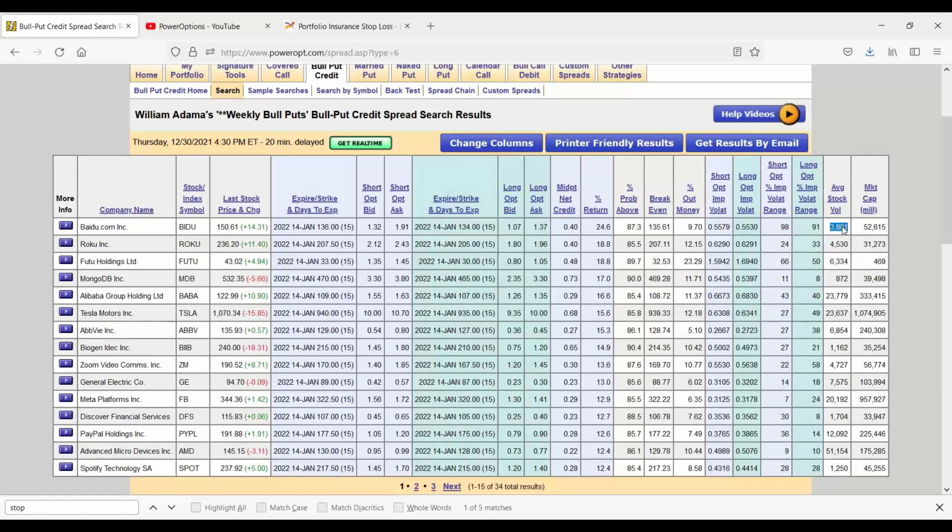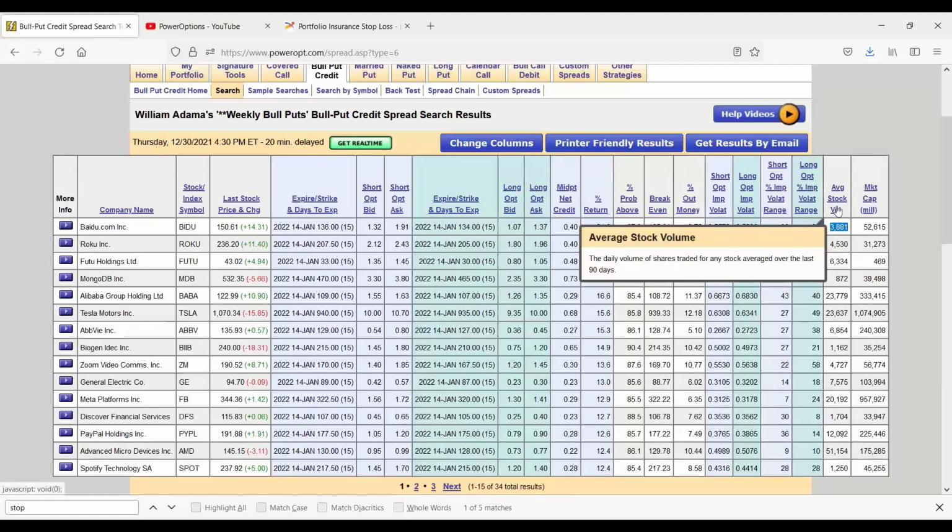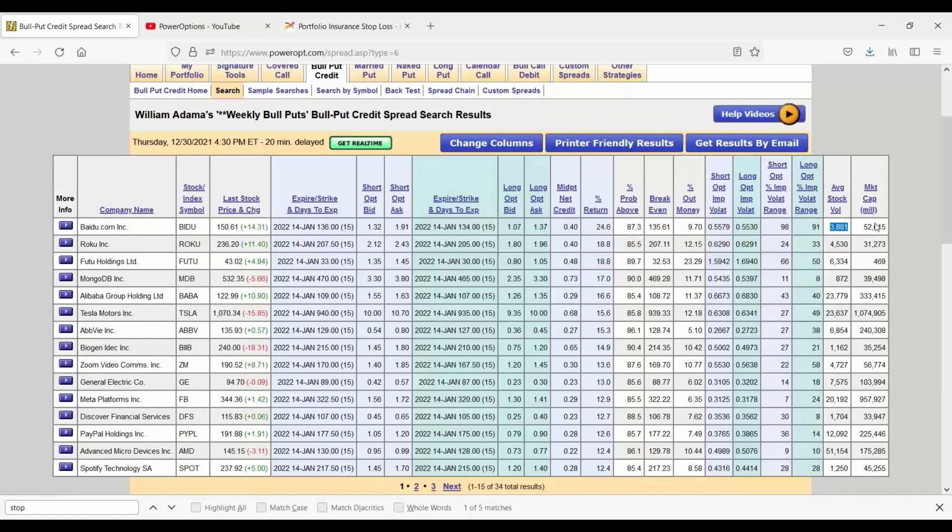You can see the average stock volume measured in millions and in thousands, and the market cap, which is measured in millions as well. So that's all there for you. If there are 5 or 6 important factors that you like to see right away that you don't see on a chart, and it's on the research page, it's probably available as a column to see.